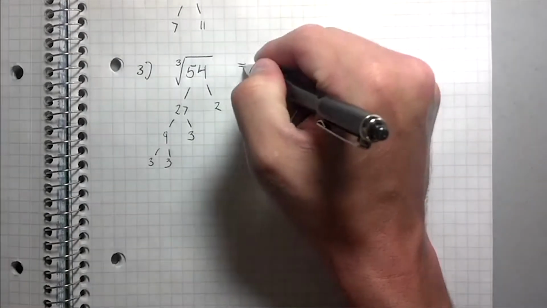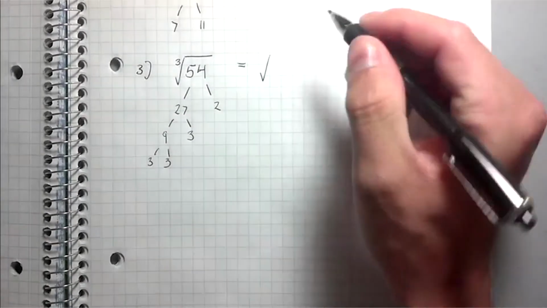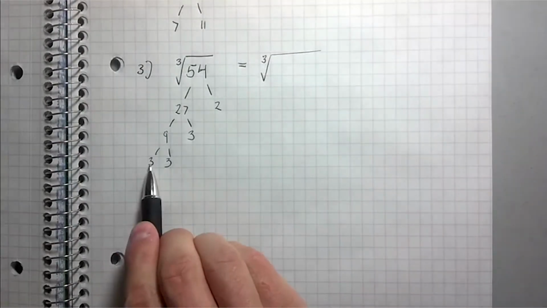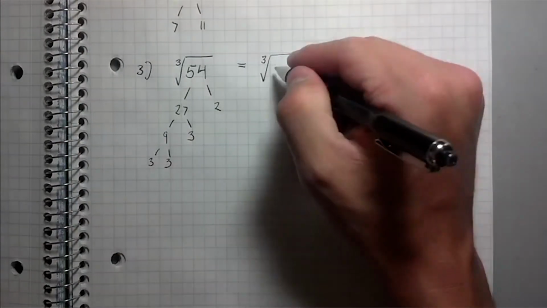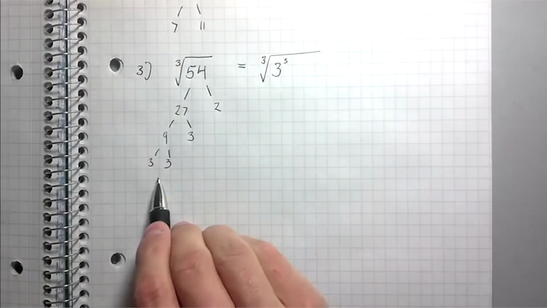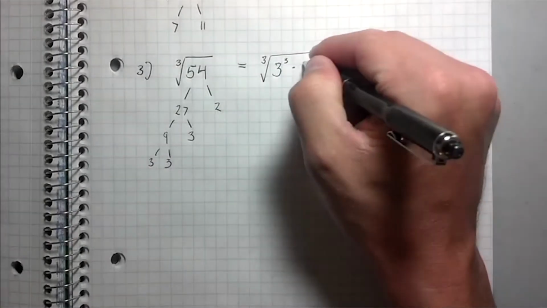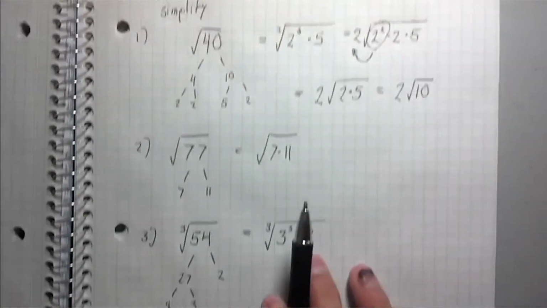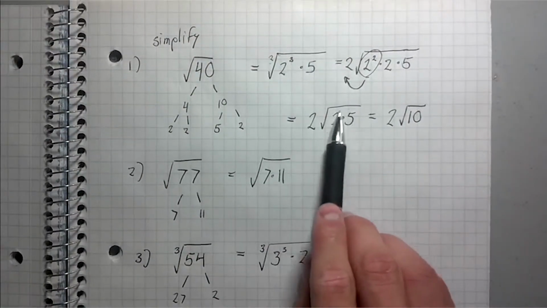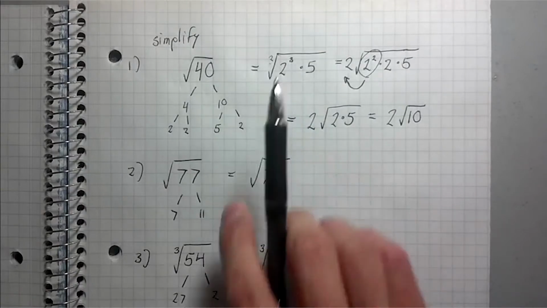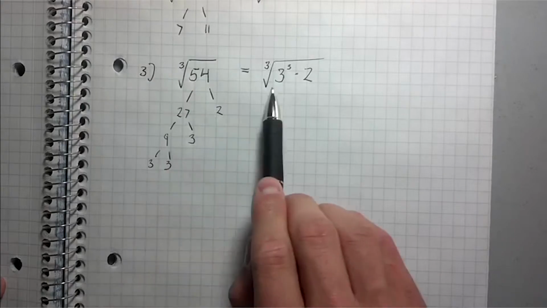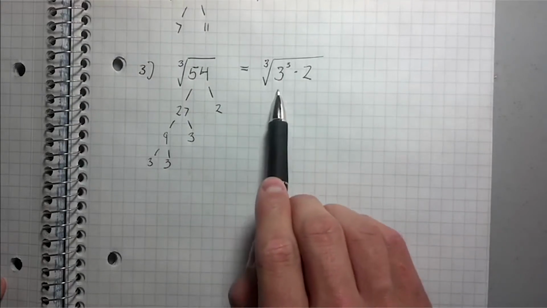So I'm going to do the same thing I've been doing. I'm going to rewrite this problem. Instead of the cube root of 54, I'm going to rewrite it as the cube root of 3 cubed, 3 to the third, because I have 3 3's, times 2, because I only have 1 2. Now notice, whereas before I was pulling out pairs of factors because it was a square root, now since it's a cube root, meaning there's a 3 here, I'm going to be pulling out triplets of factors.